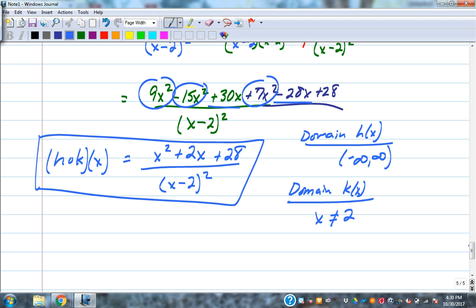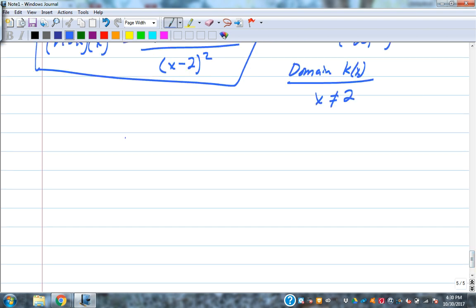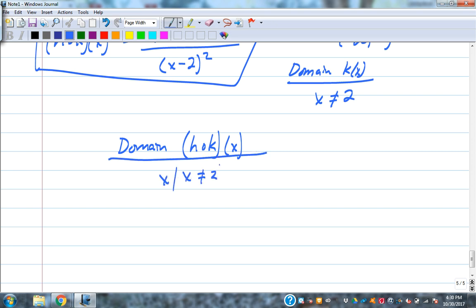And then, so we're going to take our domain of the composite function, h composed with k, and that's going to be x such that x cannot equal 2. Curly braces don't look too good today.